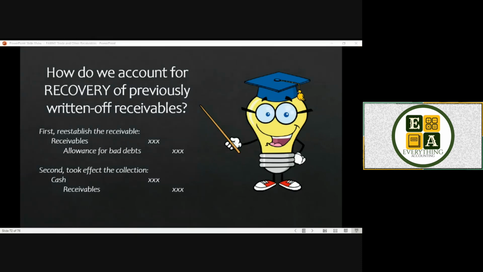Okay? The good question now is that, is it possible that the previously written off receivables will not be collected in full? What I'm trying to say is that, for example, we have written off 100,000 accounts receivable. Is it possible to recover only half or 1/4 of that 100,000? It is possible na kalahati lang.